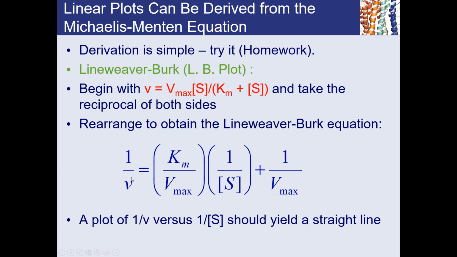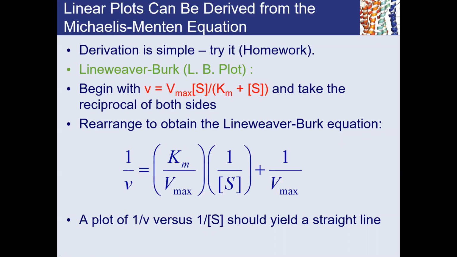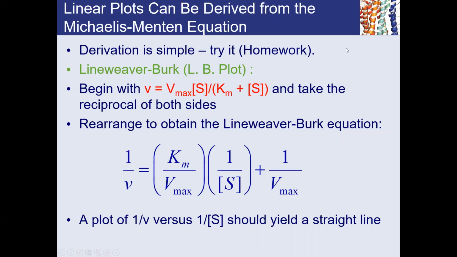This equation is now in the form of y equals mx plus c. And therefore, you can plot 1 by v and 1 by s, right? So if you plot 1 by v naught versus 1 by s naught, as shown here, you will get a linear line in this case. Why? Because you can see y equals mx plus c.